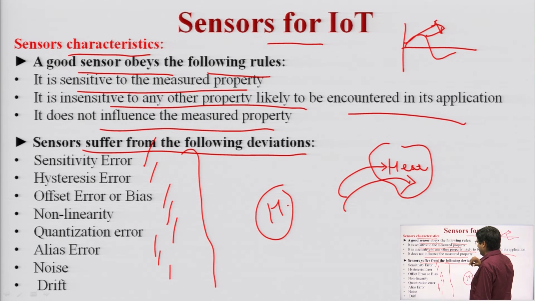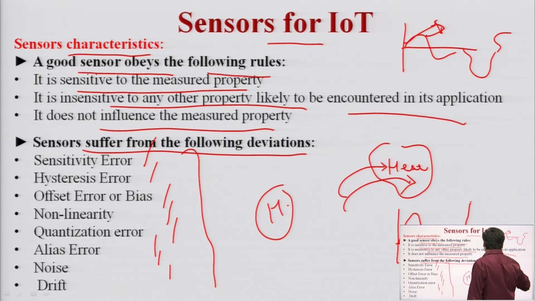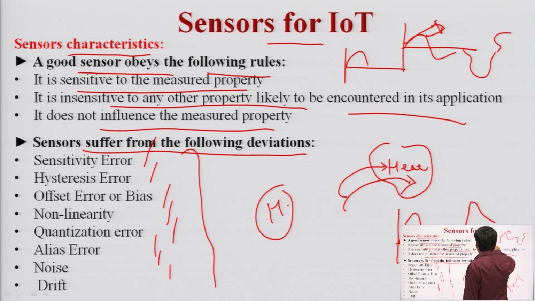Hysteresis error: there may be some interference between the devices. Offset error, bias, non-linearity: if there is non-linearity, we cannot get the actual information; there is distorted information. Quantization error: actual information cannot be obtained if there is a quantization error. Alias error: two signals may overlap with each other. This is the aliasing effect.